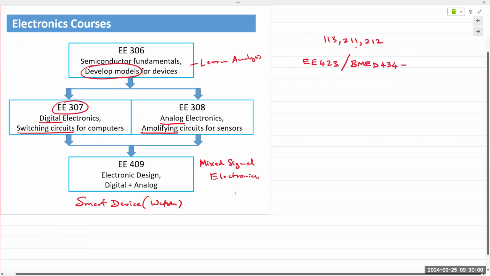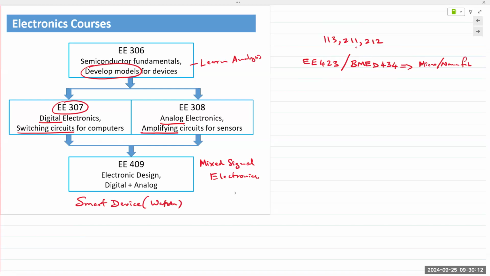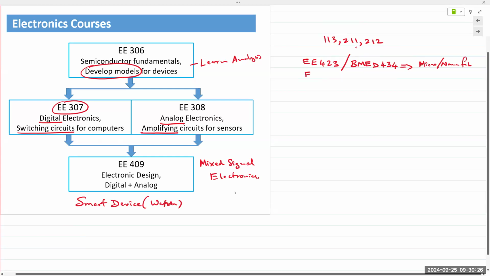It is Intro to Micro Nano Fabrication, where you learn about the theory of semiconductor fabrication, semiconductor chip manufacturing. Ben Hawkins is an EE/BMed professor. He teaches the lecture class. It's offered only one time a year in the winter quarter. And so if you wish to take it, next winter would be your chance.